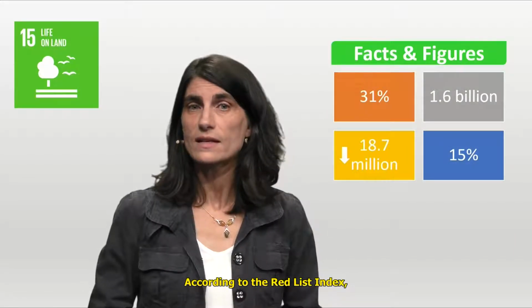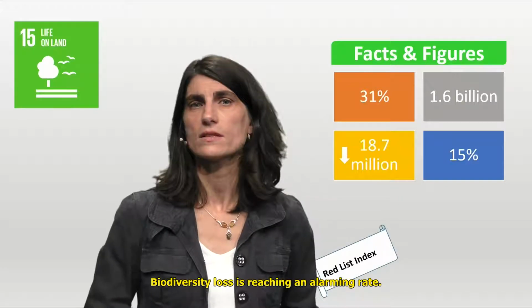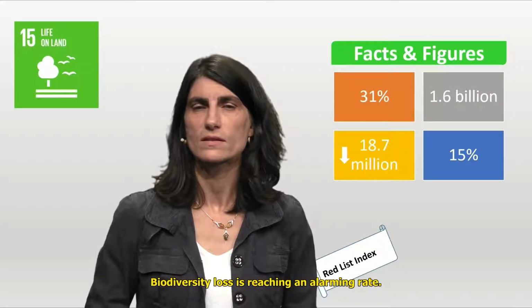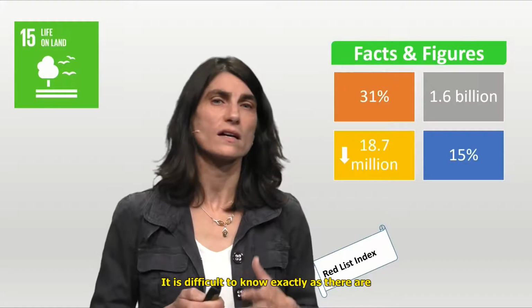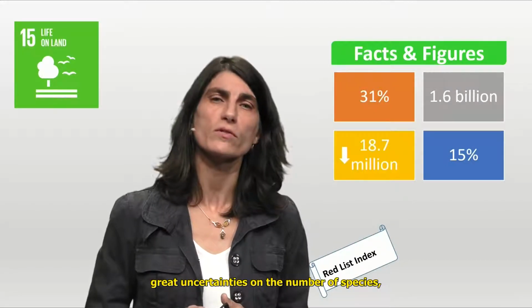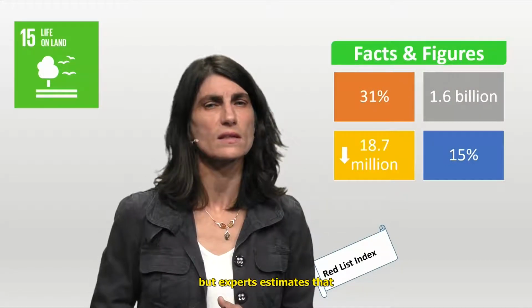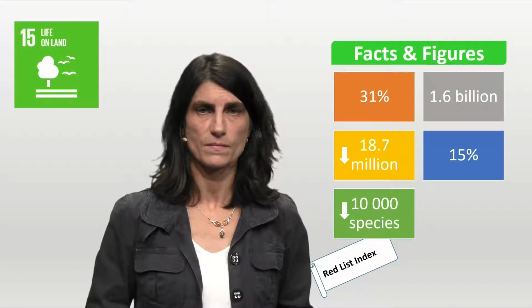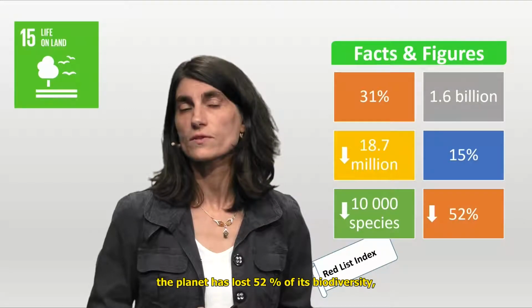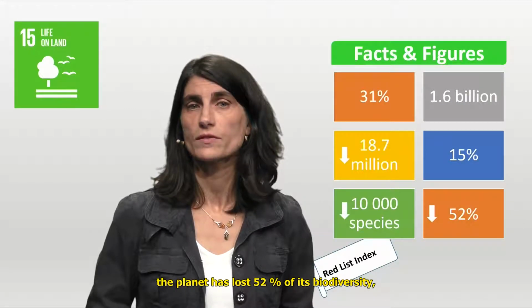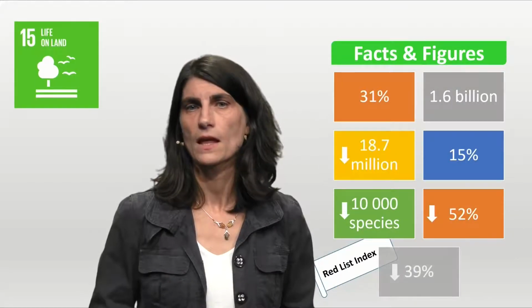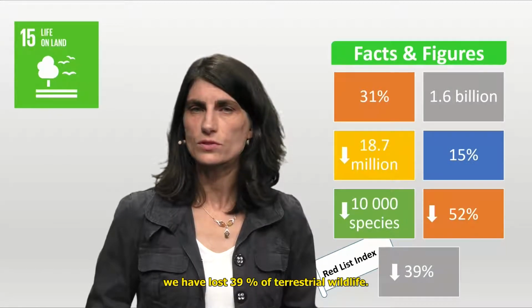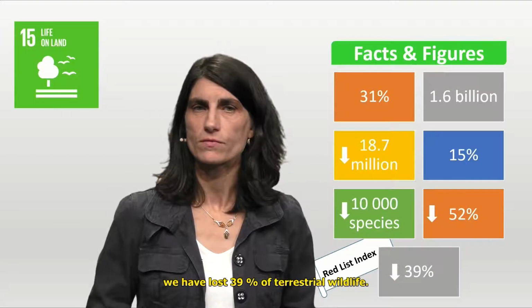According to the Red List Index, biodiversity loss is reaching an alarming rate. It is difficult to know exactly as there are great uncertainties on the number of species, but experts estimate that 10,000 species go extinct each year. The planet has lost 52% of its biodiversity. We have lost 39% of terrestrial wildlife.